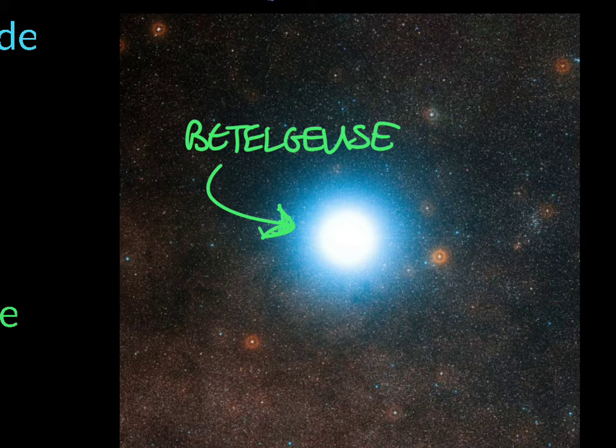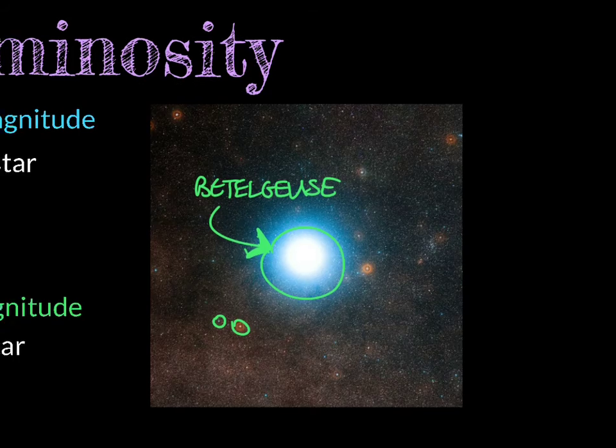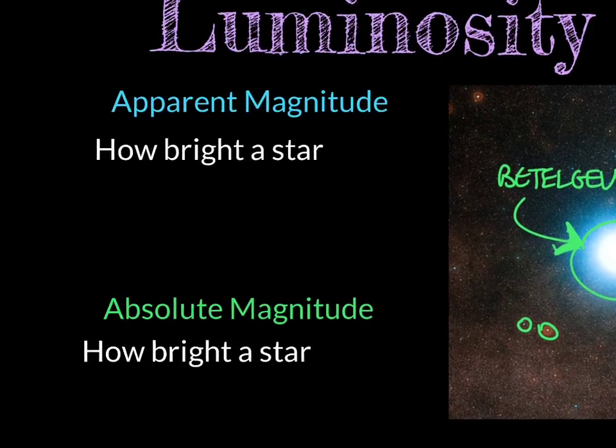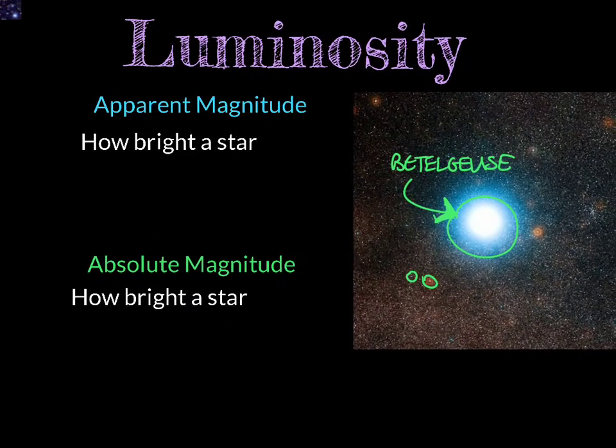Scientists believe that it's almost ready to explode and do something interesting like a supernova. If you want to find out more about star lives and how a star moves through its life, then we'll cover that in a different video. But clearly Betelgeuse is more luminous than some of the other stars around it. So the question is, how do we measure that, or how do scientists talk about that in terms of luminosity?